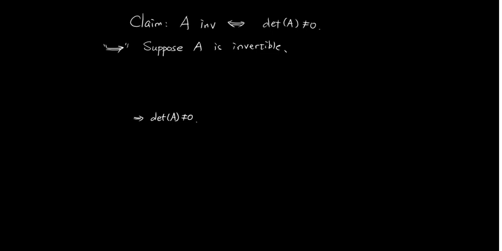Because it is invertible, its reduced echelon form is the identity matrix after a lot of row operations.